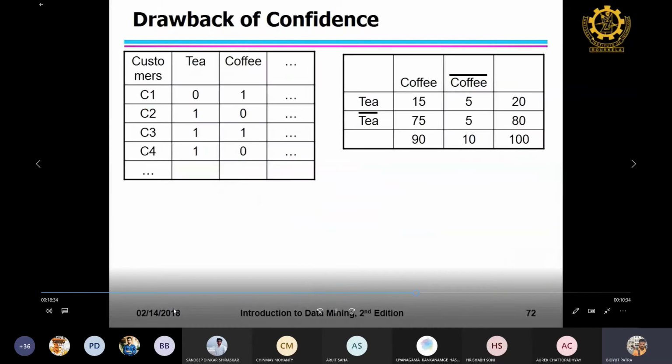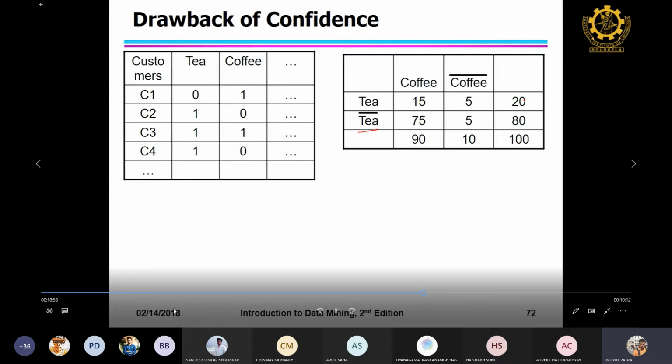Suppose one example here. From the transaction data set we got this information: tea and not tea, similarly coffee and not drinking coffee. This side is people who like tea, and we counted how many times tea was purchased.